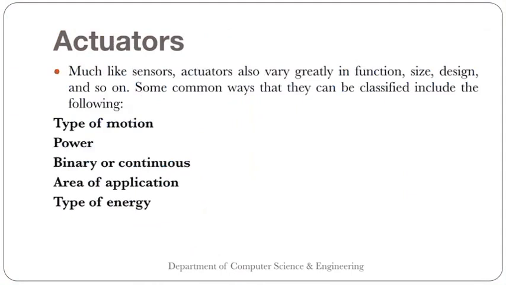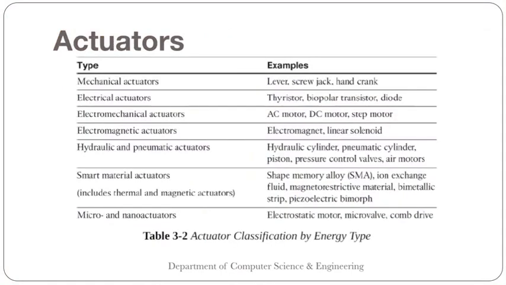Then area of application: actuators can be classified based on the specific industry or vertical where they are used. Then type of energy: actuators can be classified based on their energy type. So let's see how we can divide actuators based on energy type. It can be mechanical actuators, like lever, screw jack, hand crank.